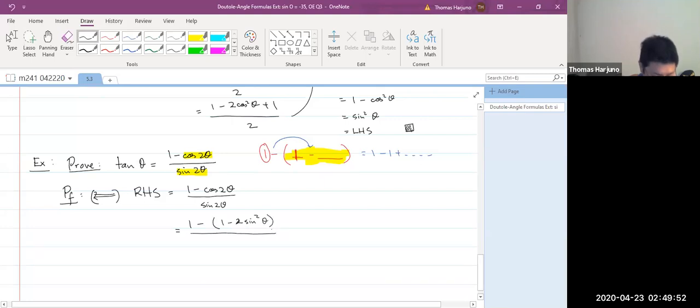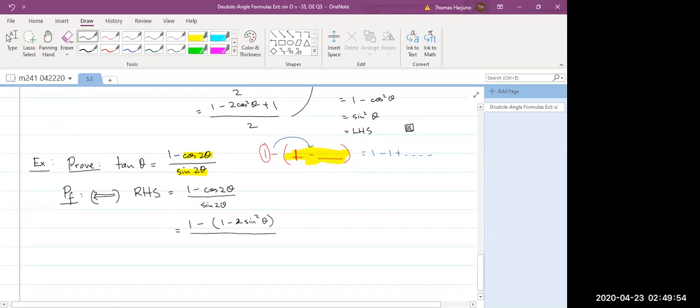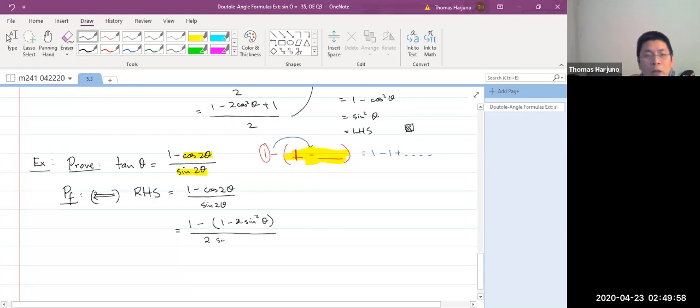What's that? Sine theta, cosine theta. 2 sine theta cosine theta. Then on the top, when I distribute the negative, I get 1 minus 1 plus 2 sine squared theta over 2 sine theta cosine theta.